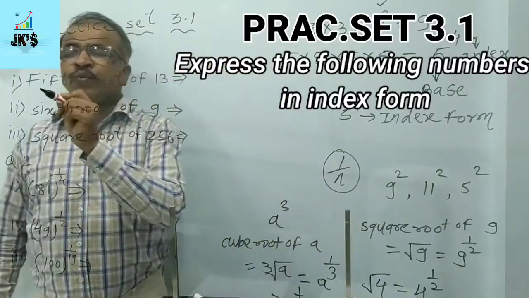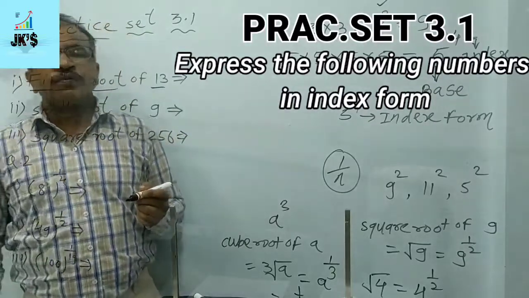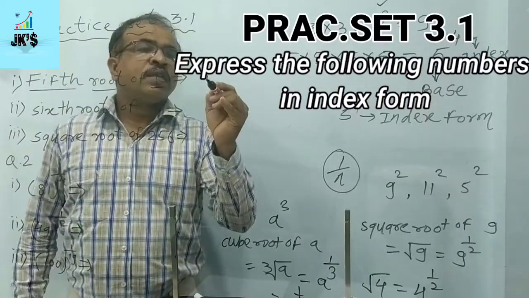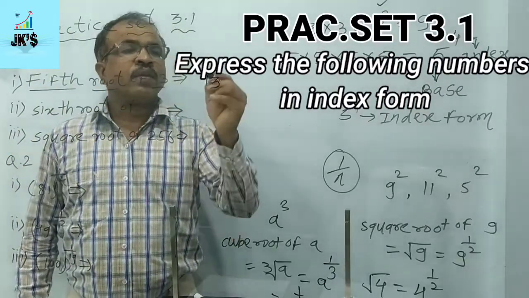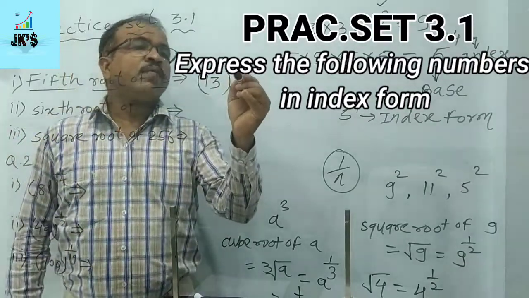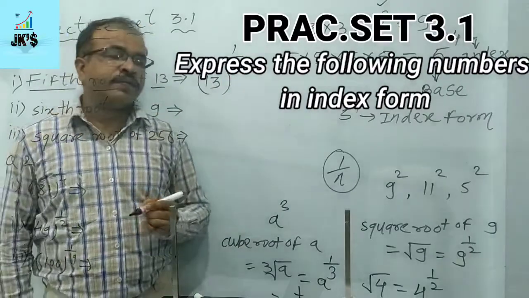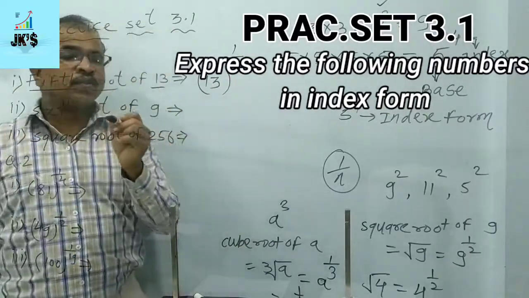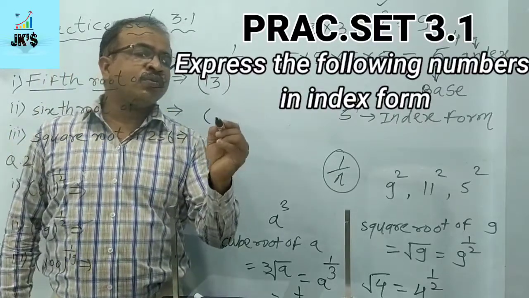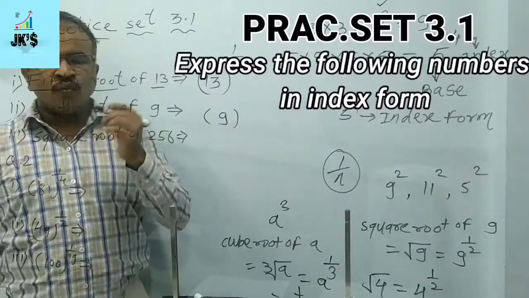The fifth root of 13. Whose root is there? The number is 13. Fifth means 5, but it is root, so 5 is taken as 1 by 5. Here, sixth root of 9. Whose root is there? Nine. Which root?